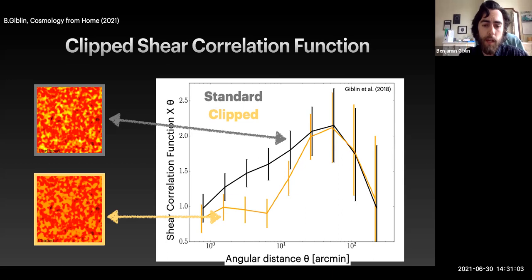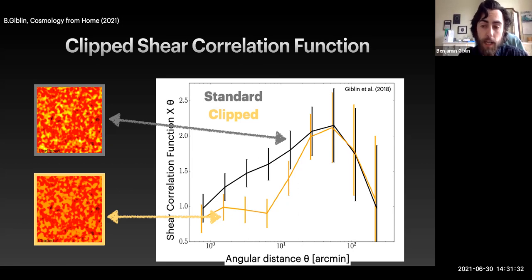So we can essentially derive two different types of shear correlation function from these two different types of map. And these are shown on the right-hand side of this figure. The black line here is showing the standard shear correlation function that's associated with the unclipped field. The orange line, however, is this new statistic, the clipped shear correlation function associated with the clipped field.